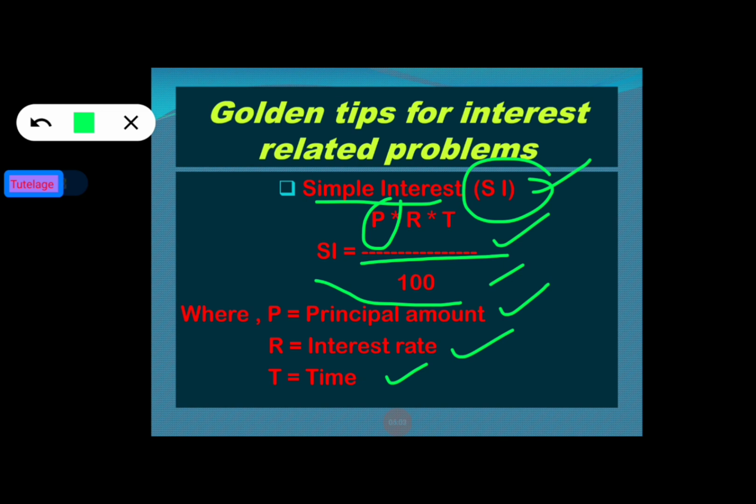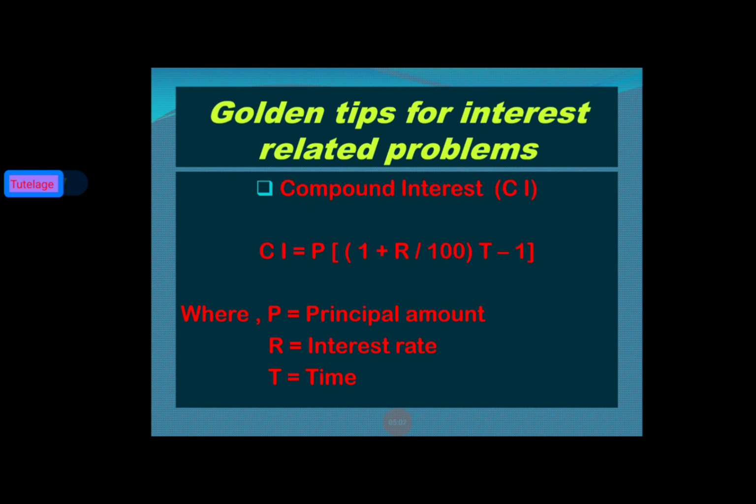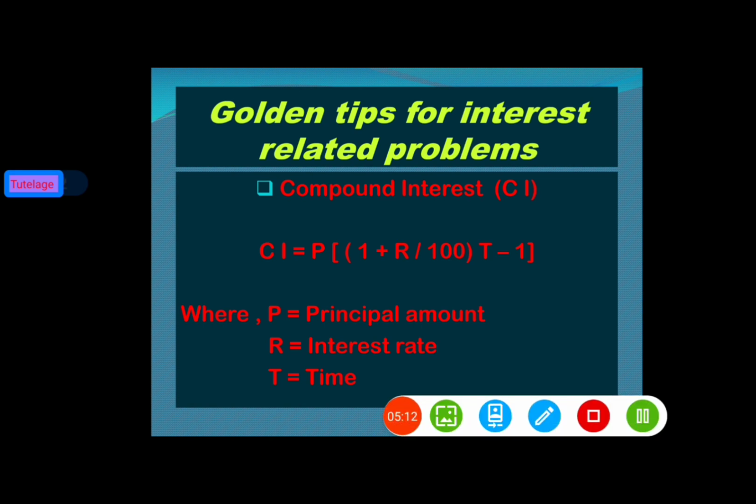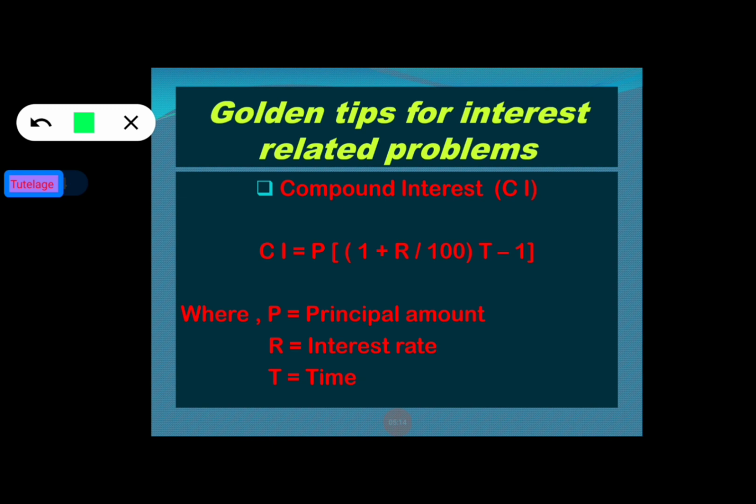for simple interest. Now move on to the next slide, where we can see another important formula, that is the formula of compound interest, which is also denoted by CI. So CI equals P into (1 plus R by 100) to the power T, minus 1.